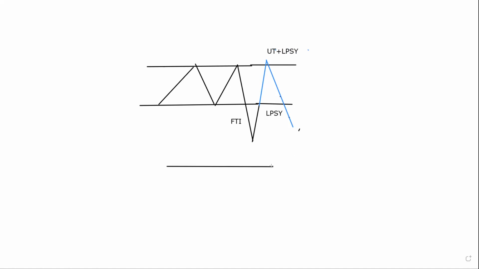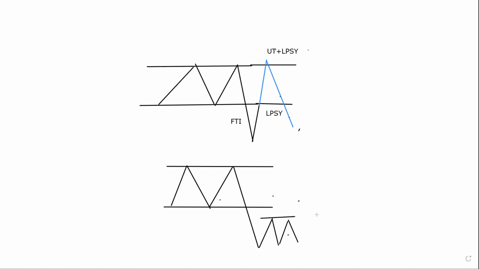Or case two, we will have this kind of structure. This becomes what? Redistribution. Got it? FTI. This is case 2.